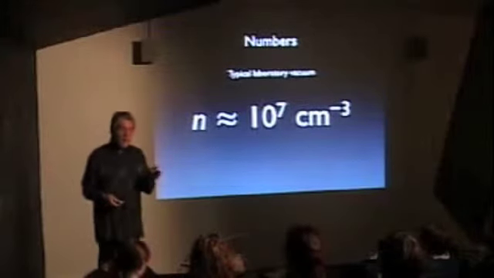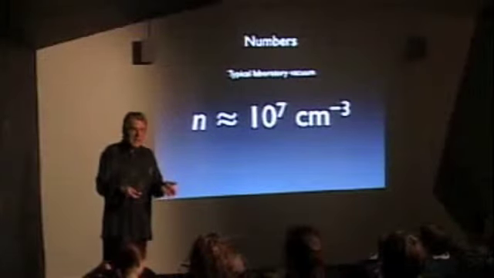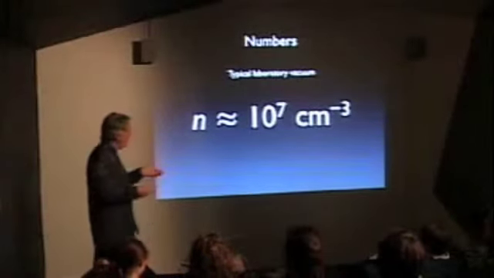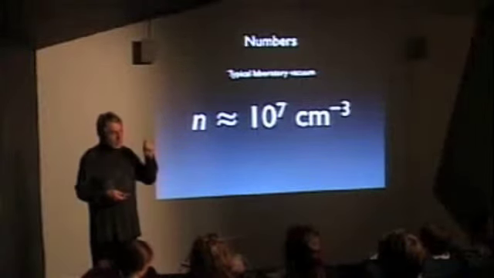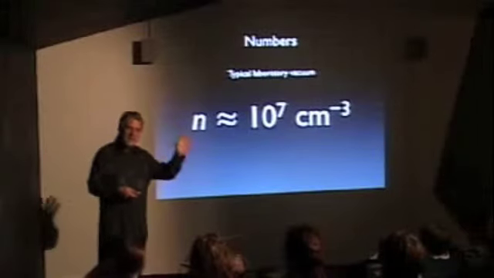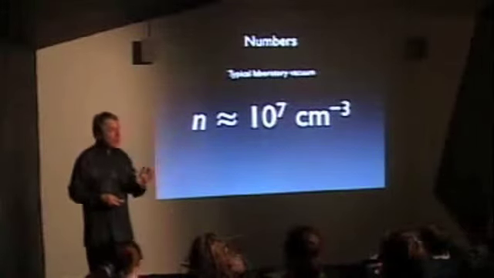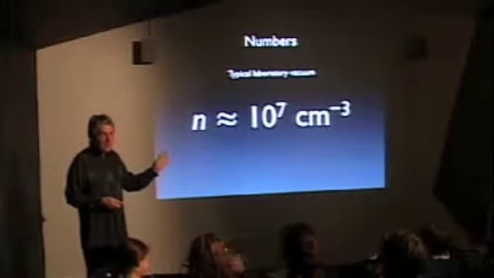So a vacuum, which would make you suffocate if you were put in it, what we call a vacuum, still has that many molecules in each cubic centimetre. So air in this room, 10 to the 19. What we call a good vacuum is still 10 to the 7, or 10 million.